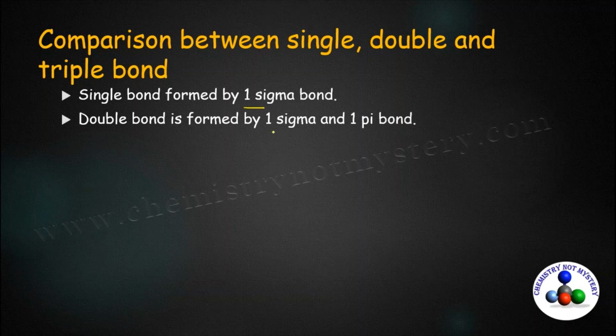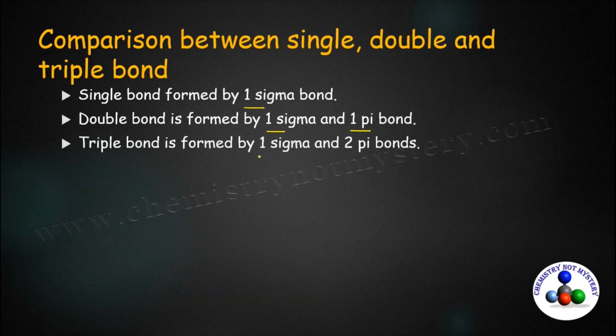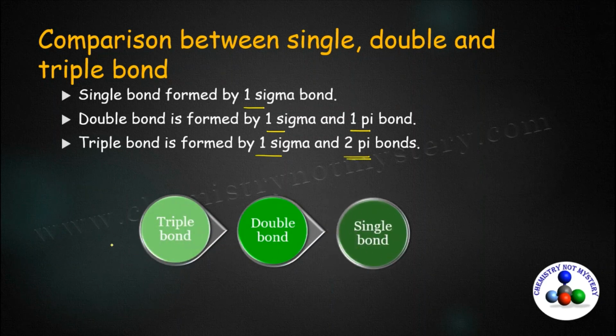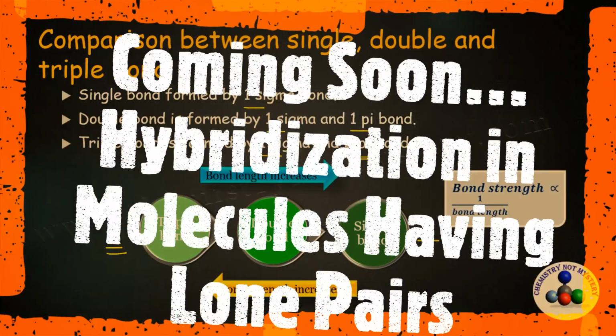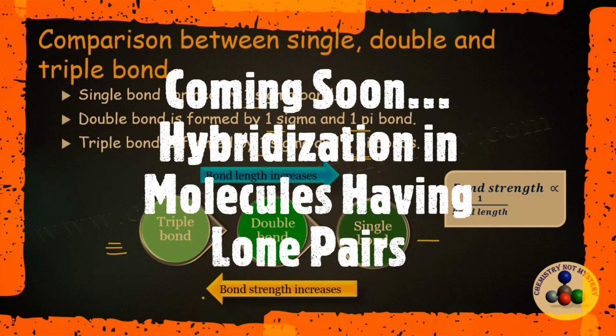Double bond is formed by one sigma and one pi, while triple bond is formed by one sigma and two pi bonds. That's why triple bond is the shortest among them and single bond is the longest. Bond strength is inversely proportional to the bond length. That's why the longest single bond will be the weakest one and the shortest triple bond will be the strongest one.